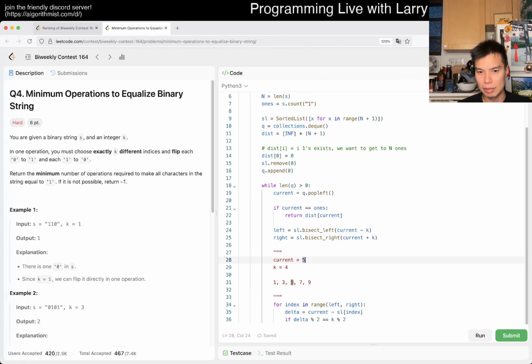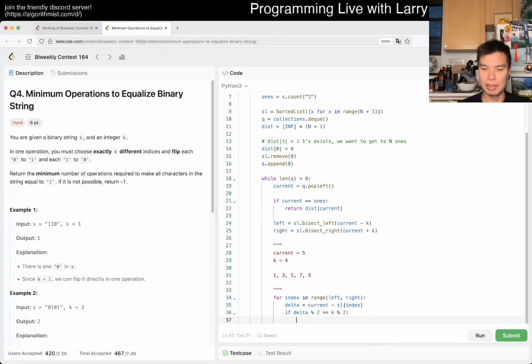Because the delta, so I think this is right actually. If we have a 3, then the delta is, wait, is it? It's not K mod 2. Delta, if the difference is the same as, no, this is right, this is right. Okay, then now we want to visit it if this is true, and well, if it's in the sorted list and we haven't visited yet, so we don't even have to check, I don't think. Right? Yeah.